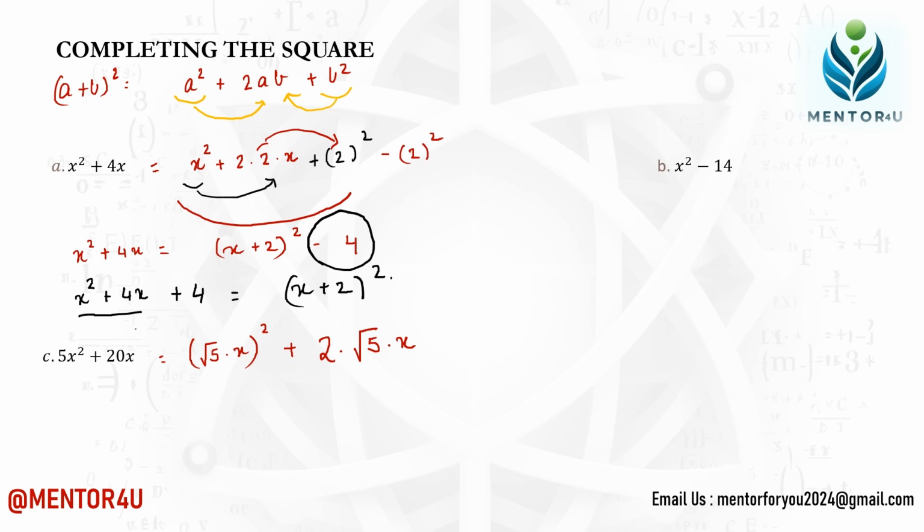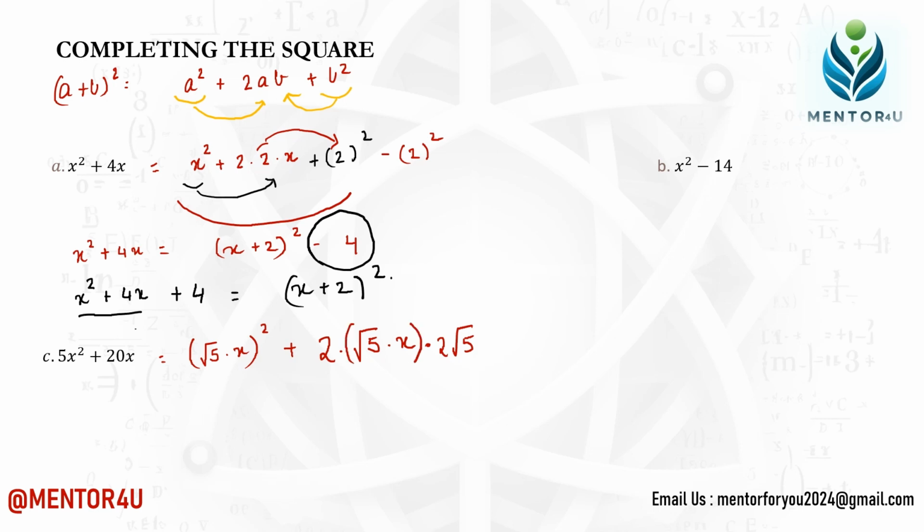So here we have 2 multiplied by root 5x. So to make it a perfect square, we should again have another 2 root 5. Sorry, not multiplied, it's the same as 20x only, right? So 2 root 5 multiplied by x multiplied by 2 root 5.